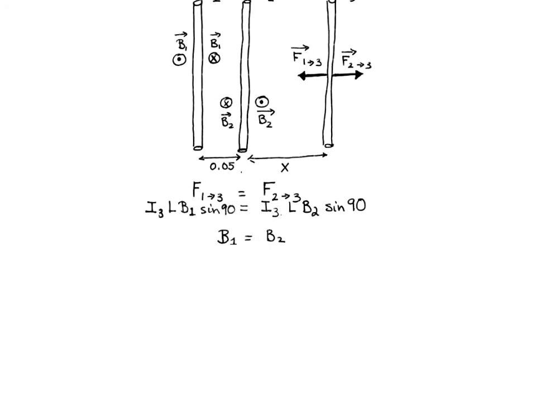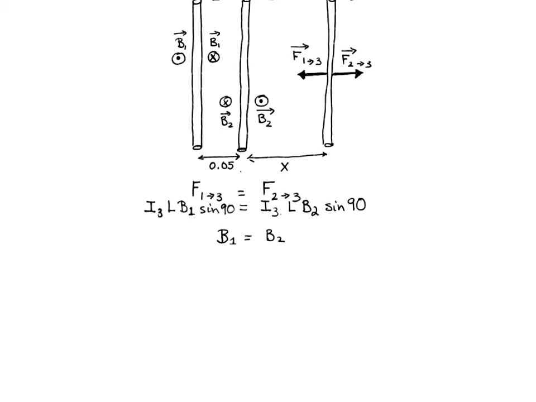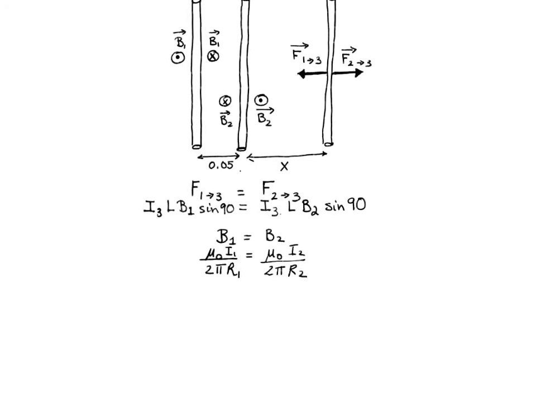So finding the place where the two forces cancel is equivalent to finding the place where the two magnetic fields cancel. We will replace B1 and B2 with the formula for the magnetic field of an infinite wire. The magnetic field of B1 is mu0 I1 over 2 pi R1, and the magnetic field of B2 is mu0 I2 over 2 pi R2.